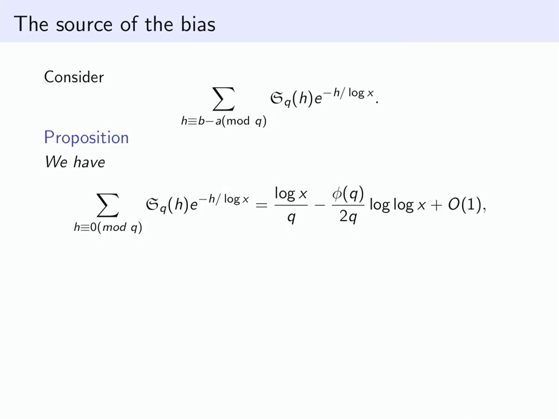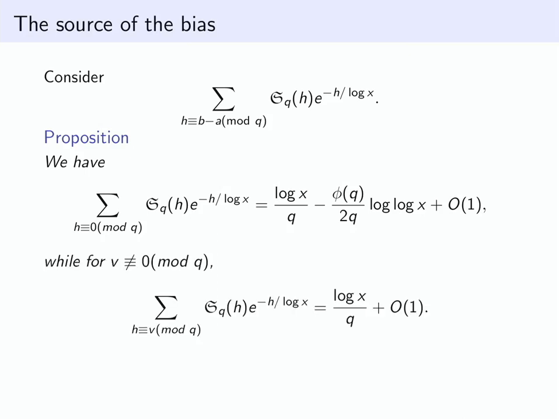And then you get this negative log x term. And you get this O of 1 term, which, if you really care about pinning down a precise formula for pi x q a b, you would care about a lot. But for right now, I don't care. And what I want you to observe is that if you sum over a residue class that's not 0 mod q, you don't get this negative log x factor.